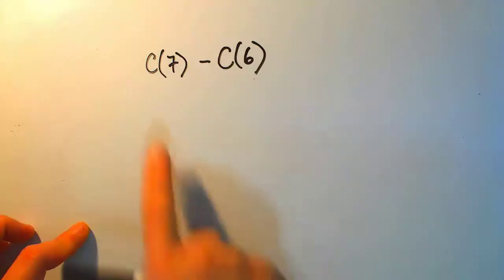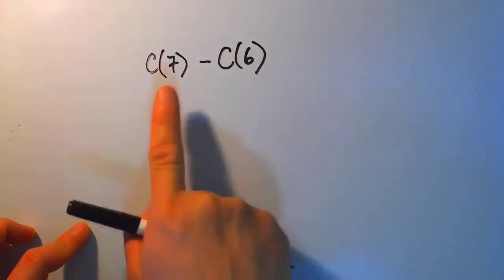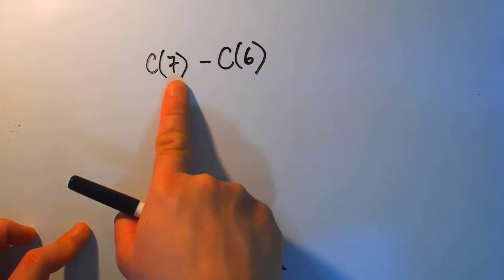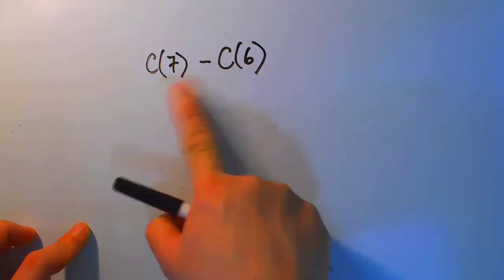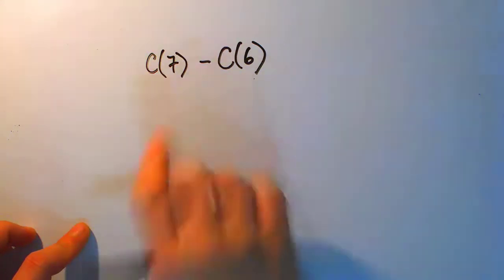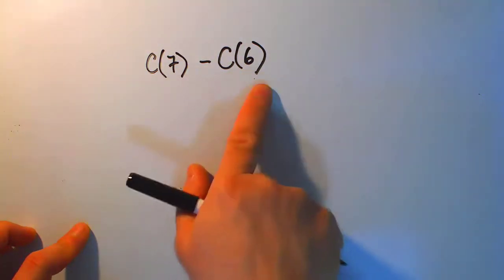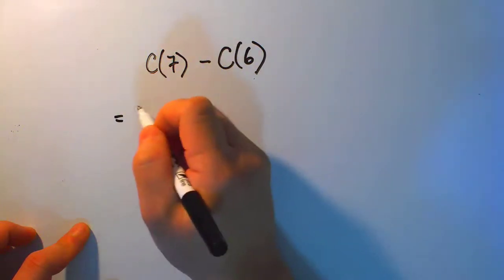And in a similar explanation, the cost of the 7th mile is really just the cost of the next mile after you have ridden for 6 miles. So that change, C of 7 minus C of 6, is going to come out from your calculation.